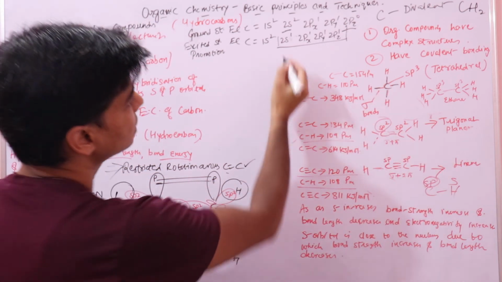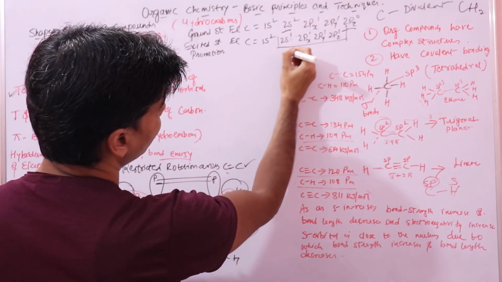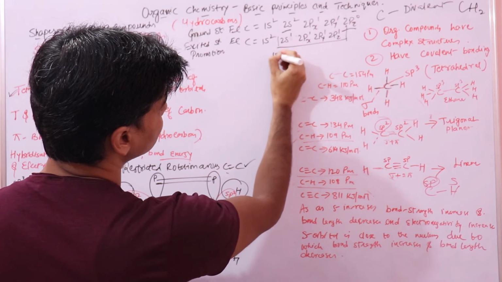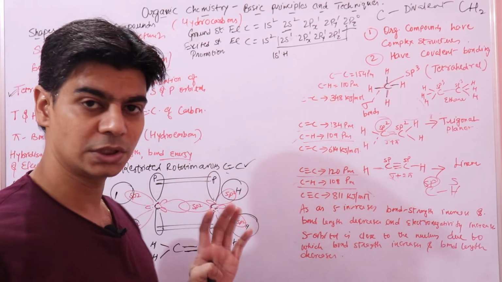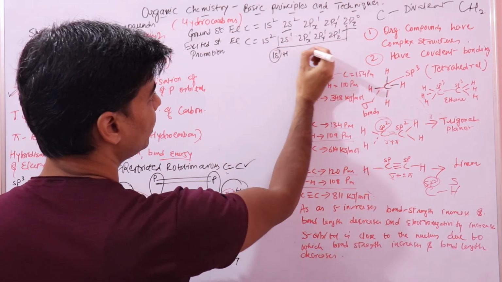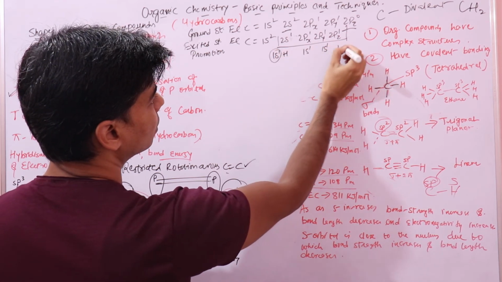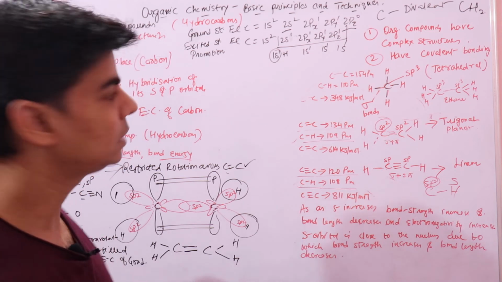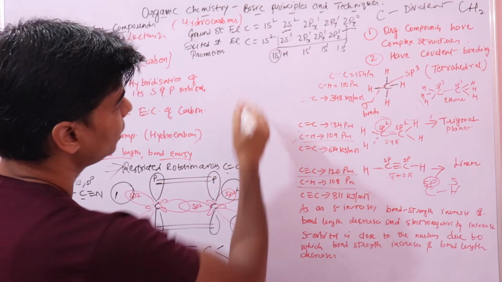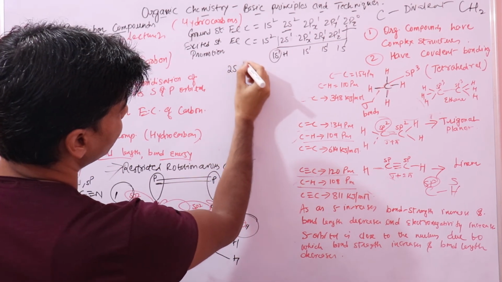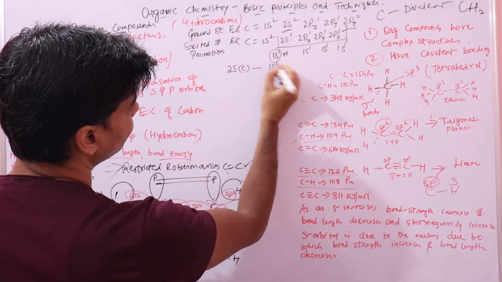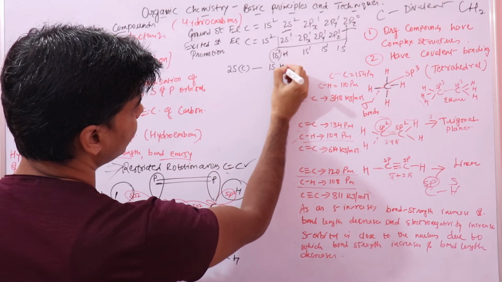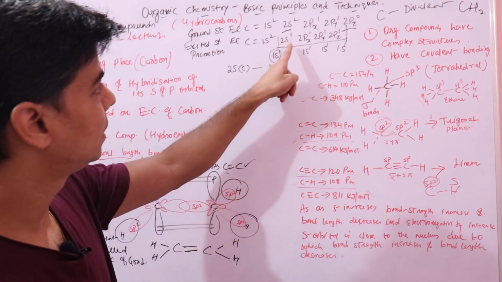So when these half-filled orbitals will overlap with the 1s1 orbital of hydrogen, 4 hydrogen atoms will come with their 1s1 orbital to form bond. One bond will get formed when 2s orbital of carbon will overlap with 1s orbital of hydrogen, right?